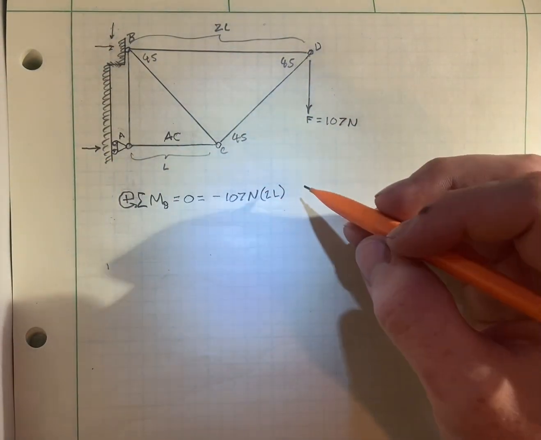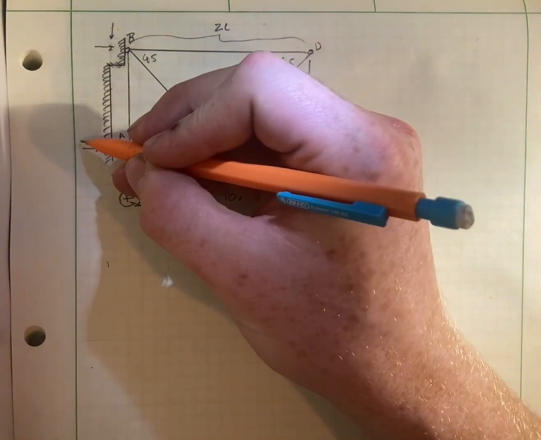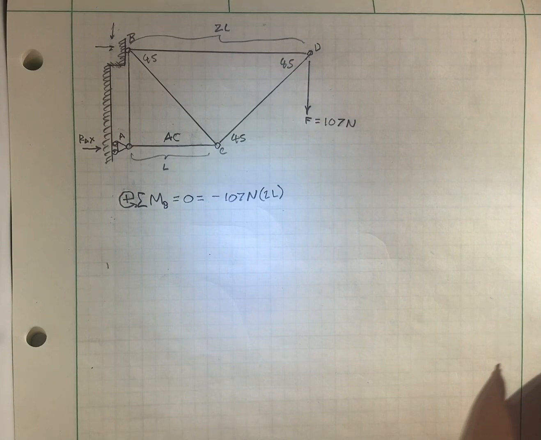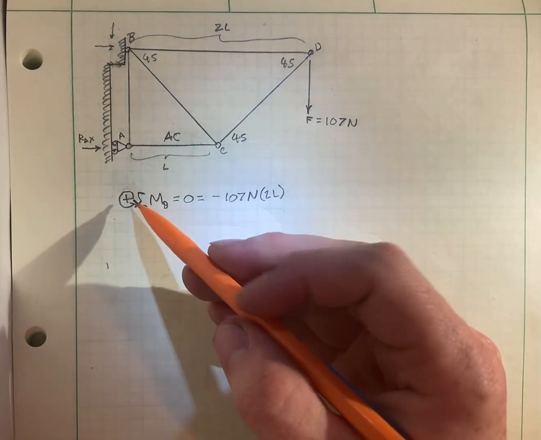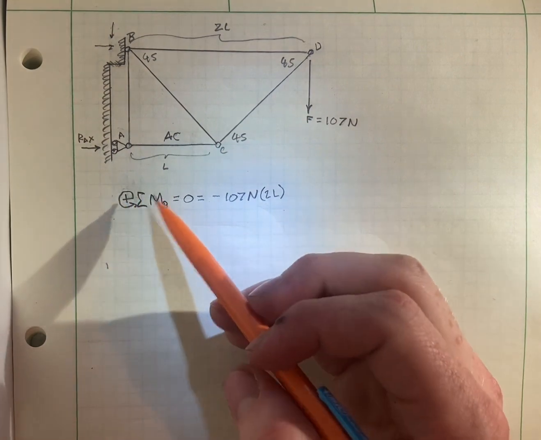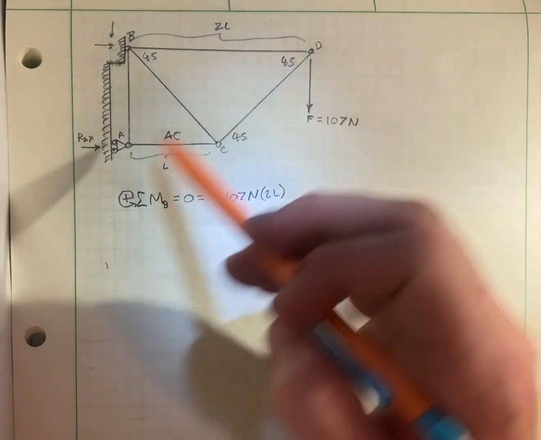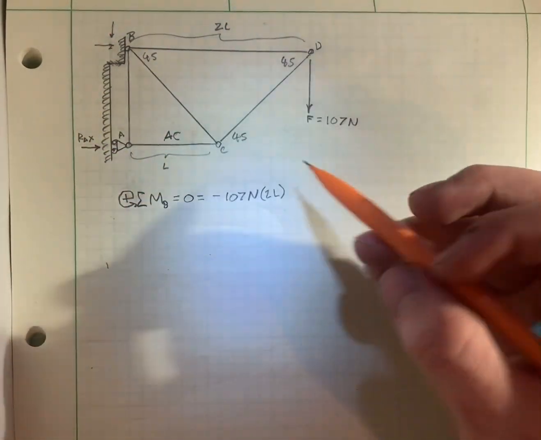This one, right? Force at A. We'll call that reactionary AX. And that's working in the positive moment, right? Because we're going about B, and this is going to try to spin it counterclockwise.